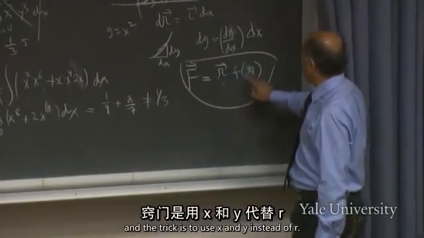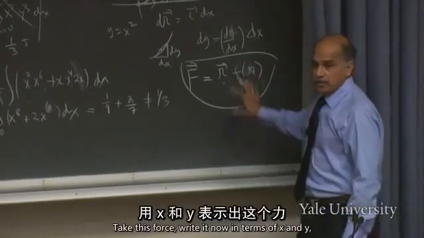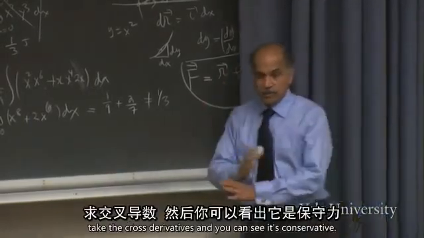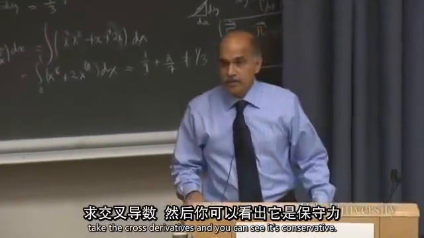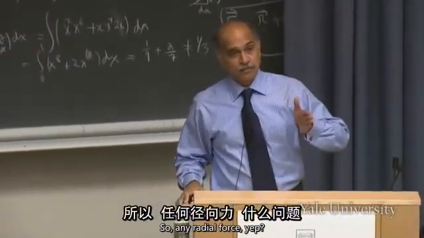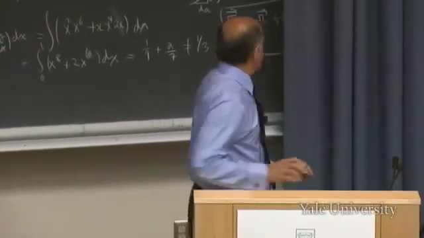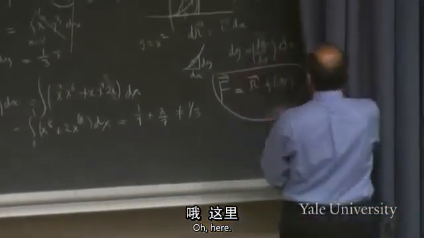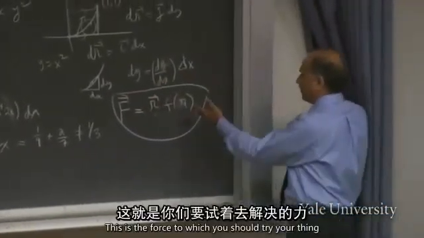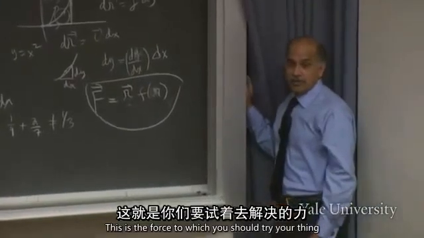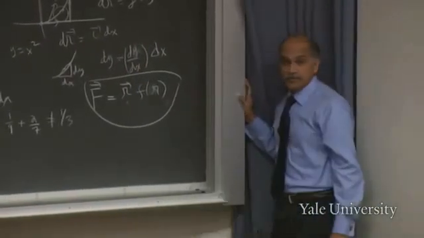And the trick is to use x and y instead of r. Take this force, write it out in terms of x and y, take the cross derivatives, and you can see it's conservative. So any radial force. This is the force to which you should try your thing. And gravity is a special example of this.